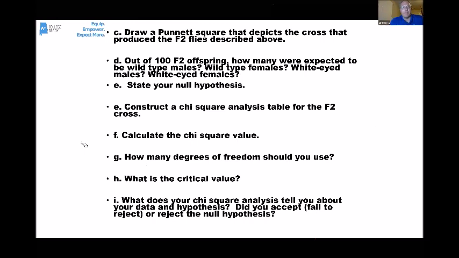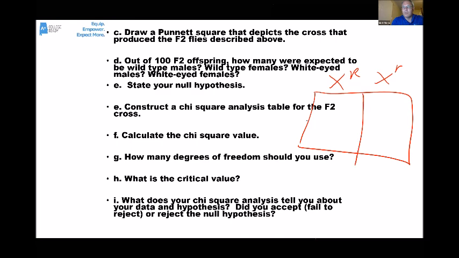Draw a Punnett square that depicts the cross that produced the F2 flies described above. So remember, in the F2, we had a female like that, crossed with a male who had white eyes like this. And what I'm hoping that you see is that 1/4 of the babies are going to be what phenotype?